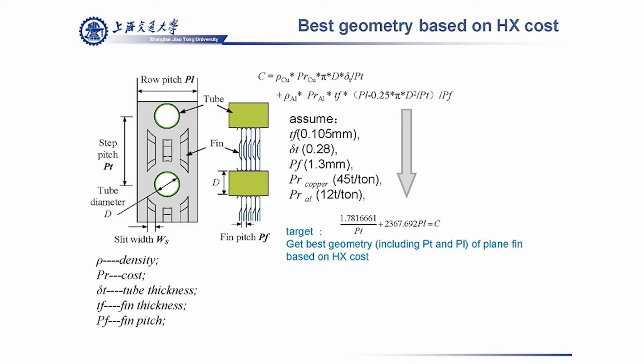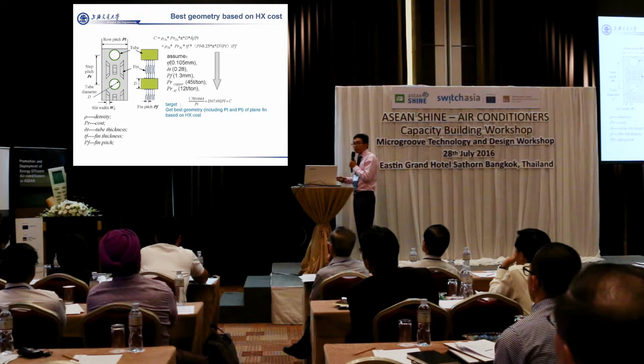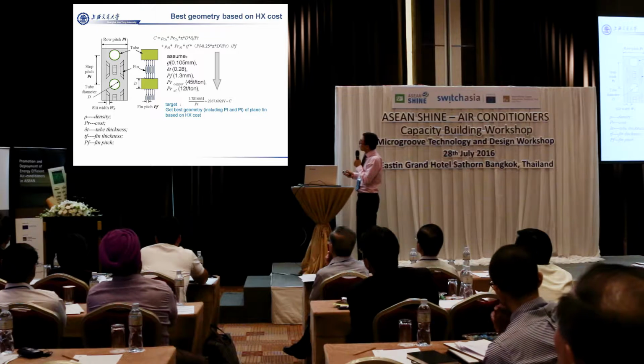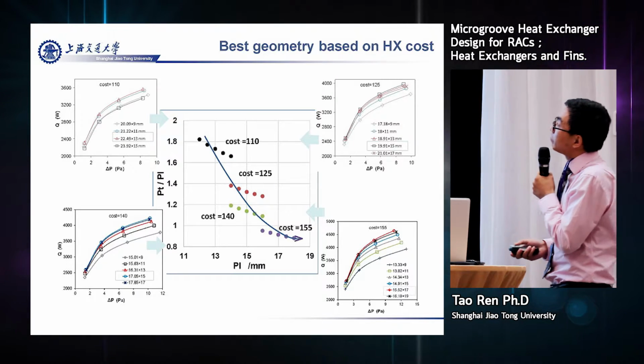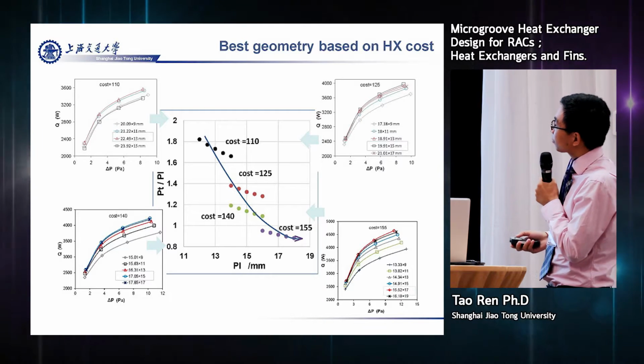This is PT and PR, and PT and PR combine to give C. As PT decreases, C increases, and as PR increases, C also increases. So which combinations of PT and PR are good? Which is perfect?